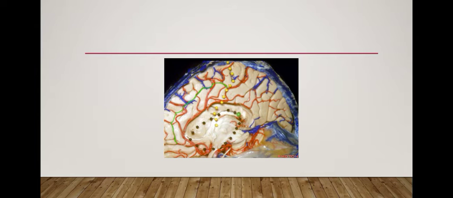Sorry. This is the cingulate gyrus, and this is the superior frontal gyrus. In between the superior frontal gyrus and the cingulate gyrus, we have got the cingulate sulcus. Sorry, this is the cingulate sulcus that has been highlighted, and this cingulate sulcus is actually running between the superior frontal gyrus and the cingulate gyrus on the medial surface.